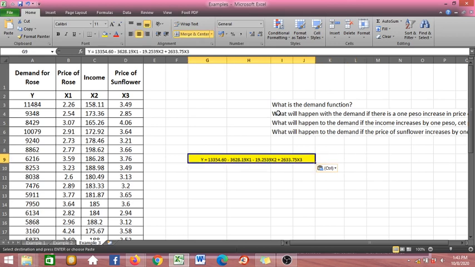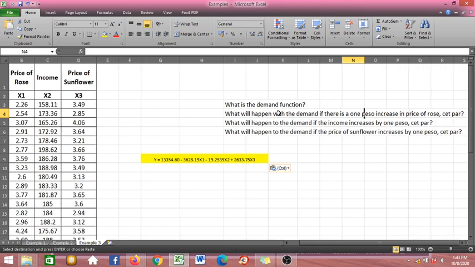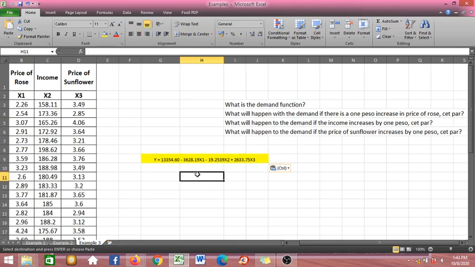What will happen to the demand if there is a 1 peso increase in the price of rose? So, what is our sign here? Negative. So, the demand for rose will decrease by 3628 units.